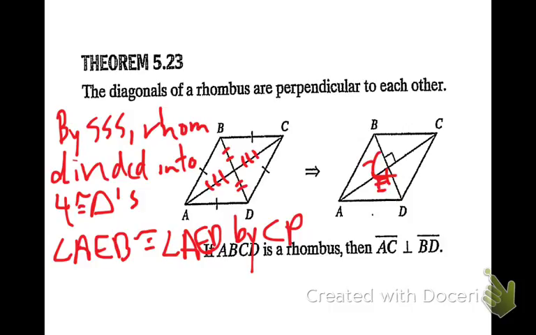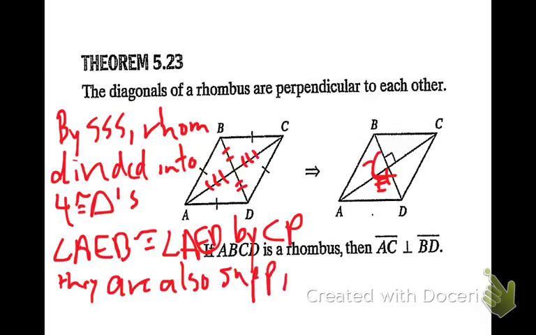What else is true about those two angles? They're congruent and what, Shatis? Supplementary, right? They are also supplementary. What do we know about angles that are congruent and supplementary? Shatis? That they're going to be right angles. Right. They're congruent and supplementary, so they are right.